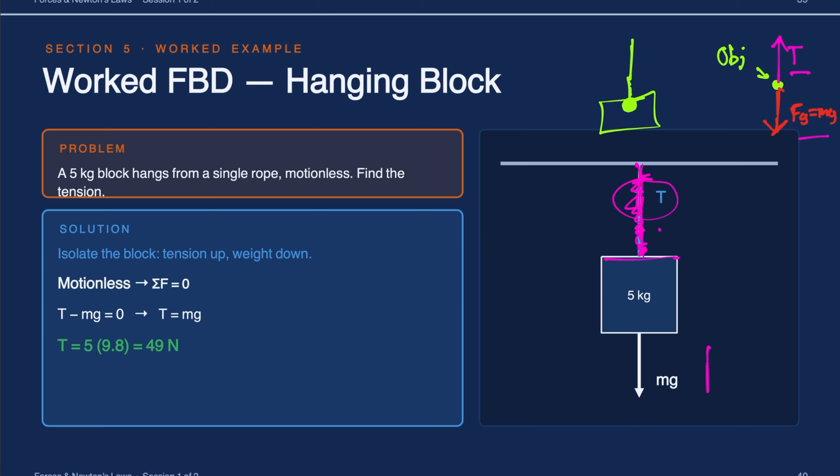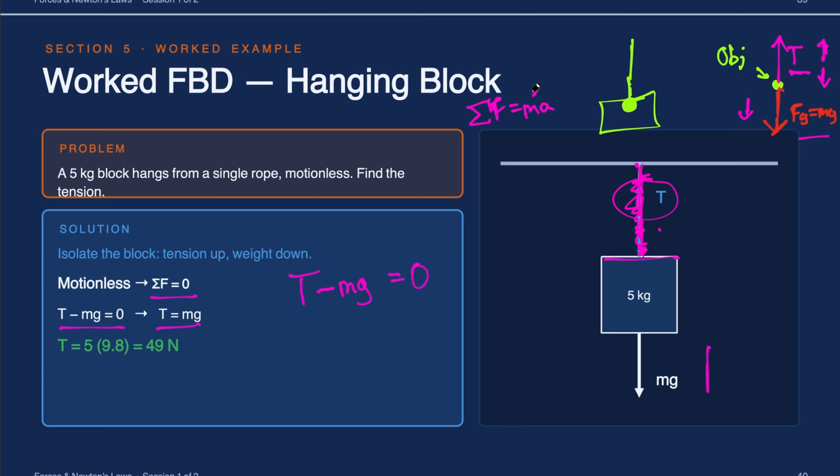So that's why, motionless, net force is equal to 0, and T minus mg is equal to 0. Because if you consider this the positive direction, and this the negative direction, then T is in the positive direction, right? Minus mg, which is in the negative direction, and that has to be equal to 0. Because if it equals something else, the block would be accelerating. Net force is equal to ma.